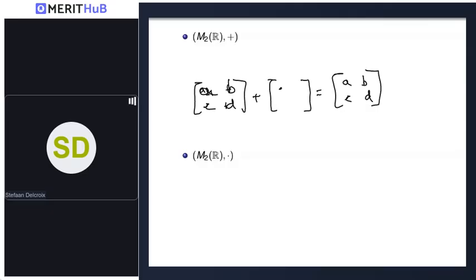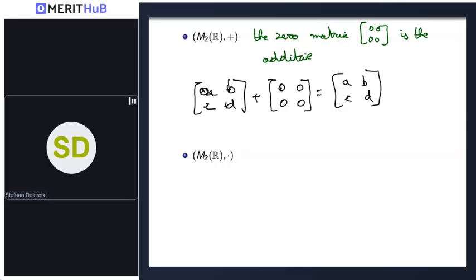Well, because we're adding component-wise, a plus whatever this thing is should just be a. So that thing should be 0. The 0 matrix is the additive identity. So the 0 matrix, 0, 0, 0, 0 is the additive identity. When you add it, it doesn't do anything.